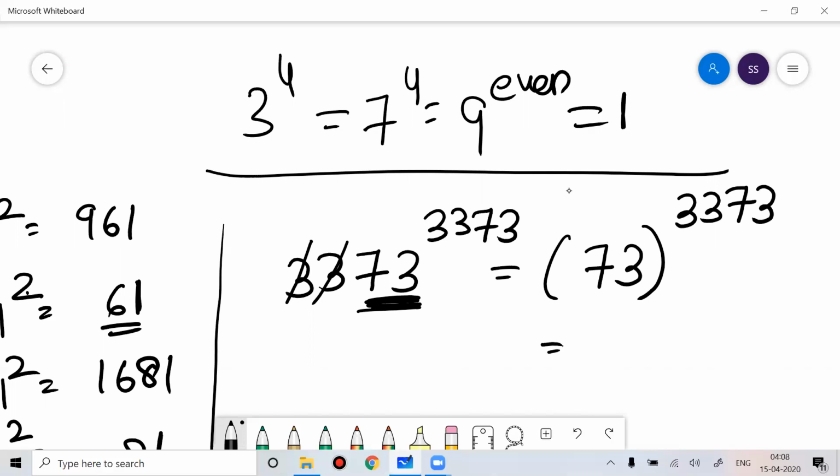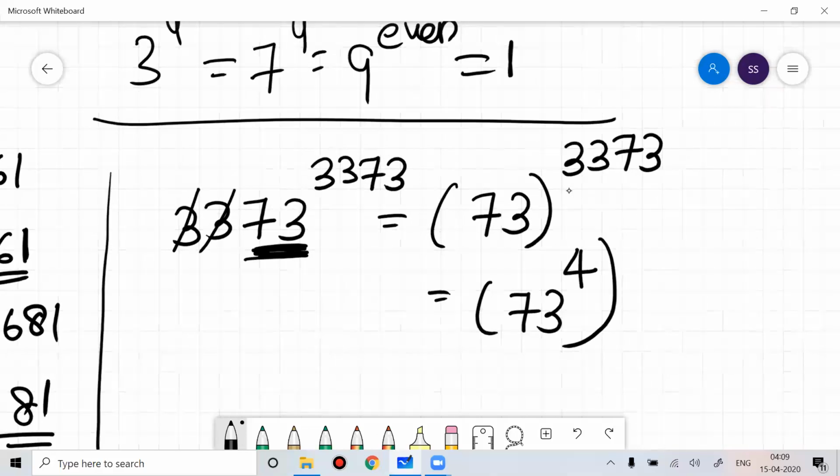Your logic will work only if the number ends with 1. How will you make the number ending with 3 end with 1? If you take the power of 4, it will definitely give you a number ending with 1. So you write 73 to the power 4.